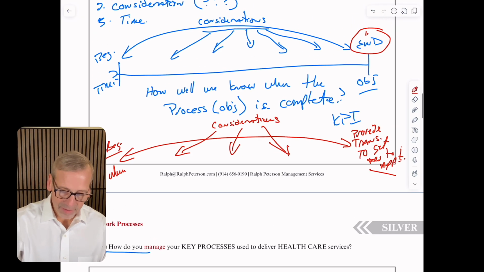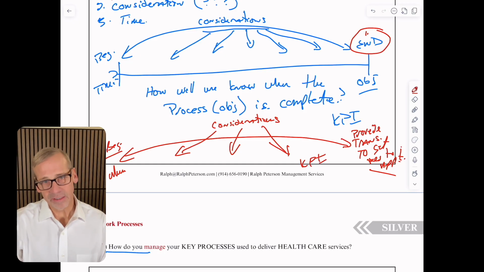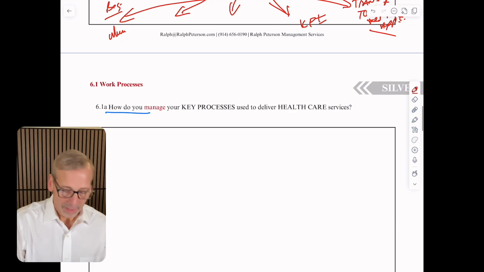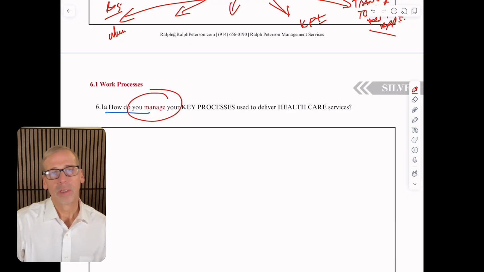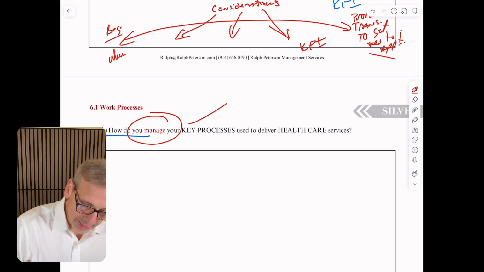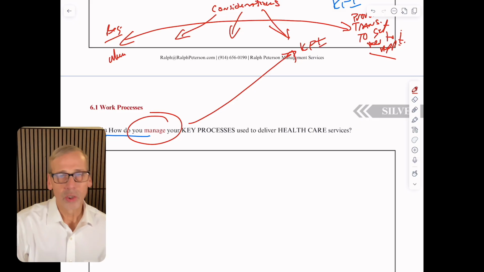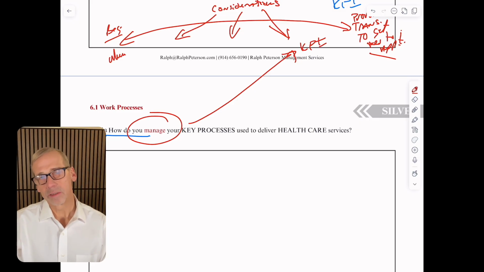We start identifying our KPIs, which leads us to how we manage our key processes, because when you're managing a key process, you're paying attention to your key performance indicators.